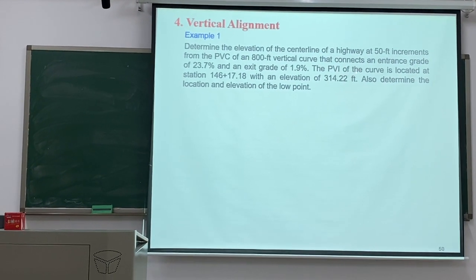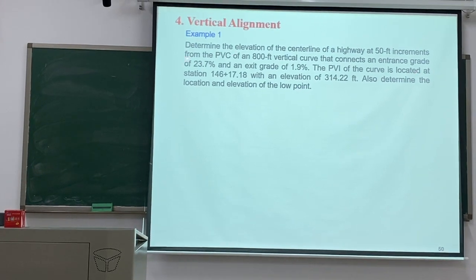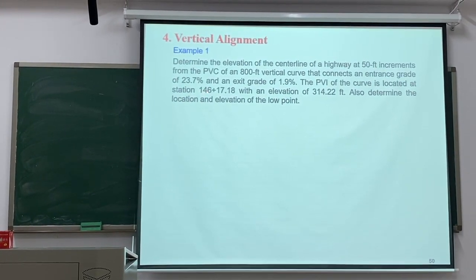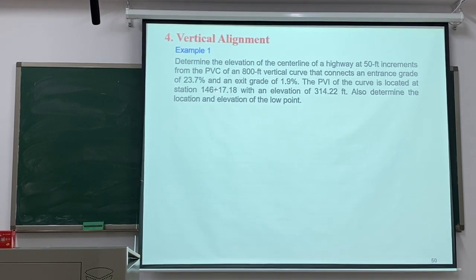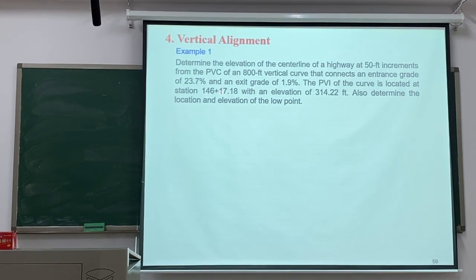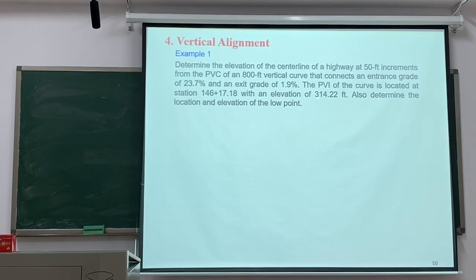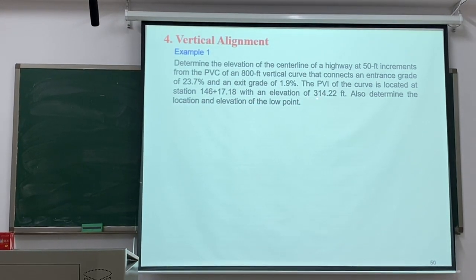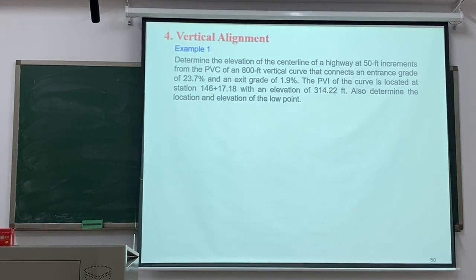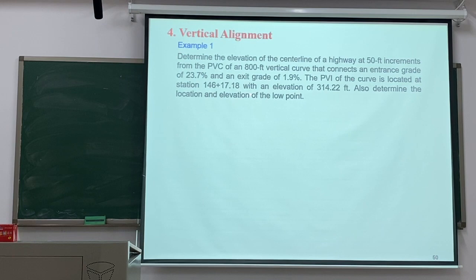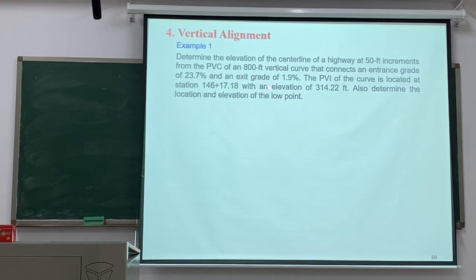The PVI of the curve is located at station 146 plus 17.18 with an elevation of 314.22 feet. Also determine the location and elevation of the low point.